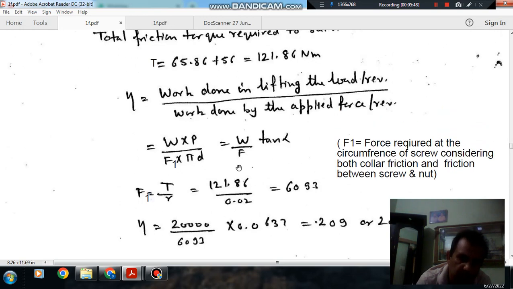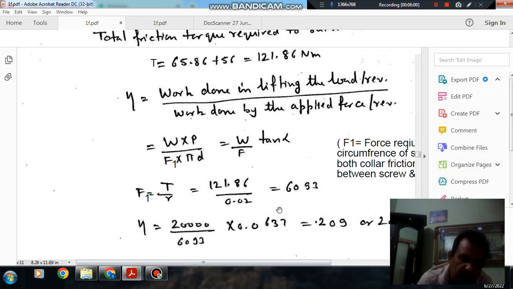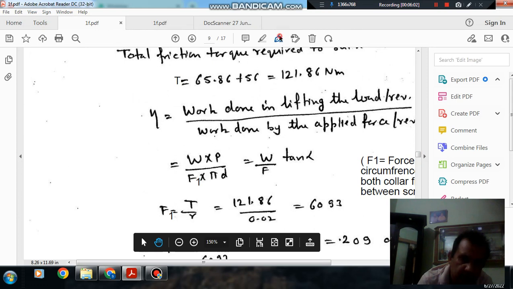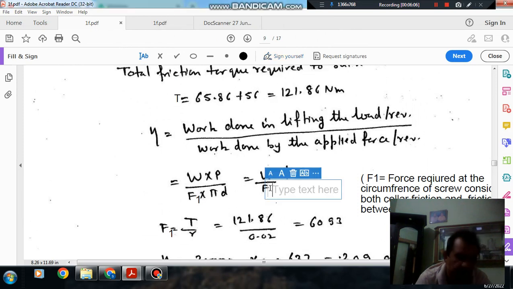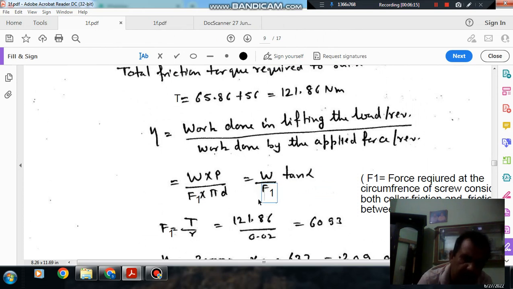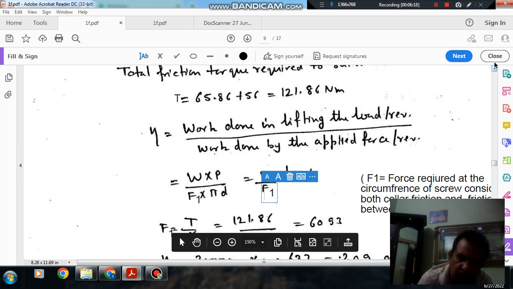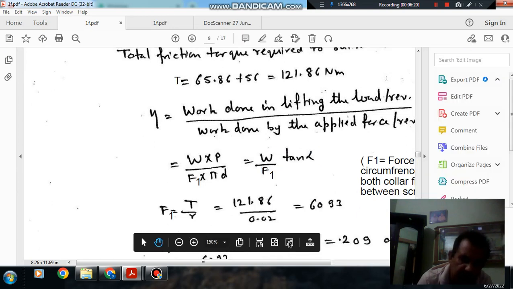We have W as 20,000. Now we need this F1. F1 is the total torque divided by the radius of the screw, because F1 acts at the circumference of the screw.